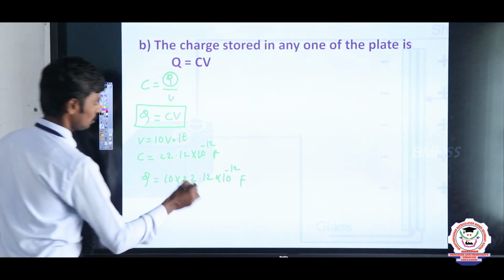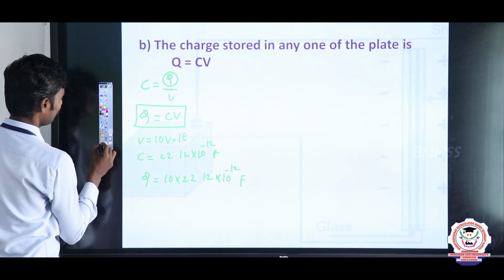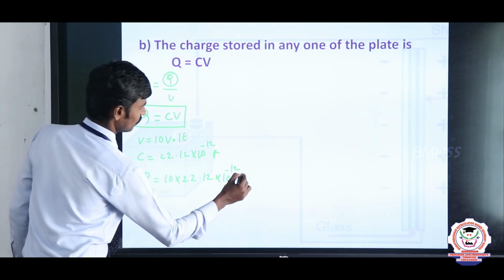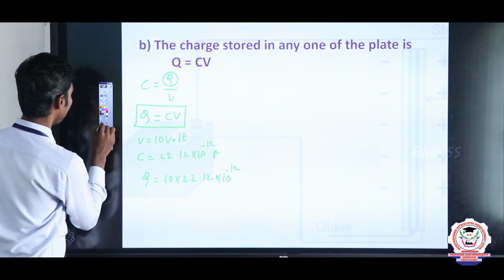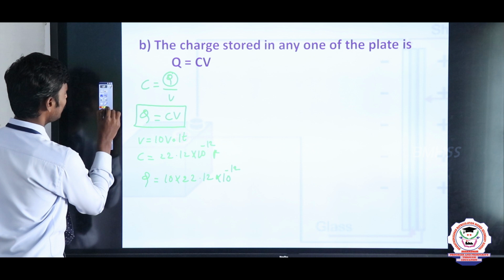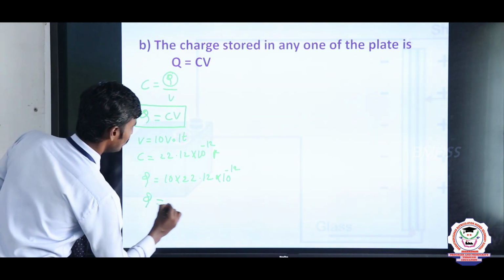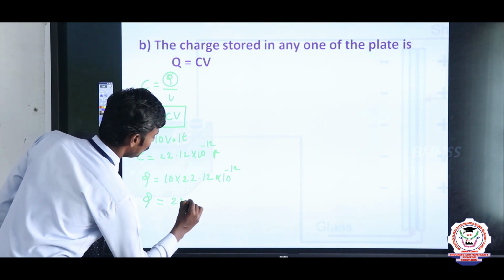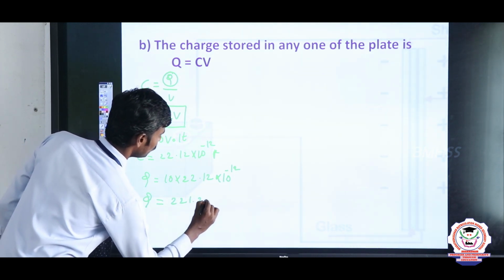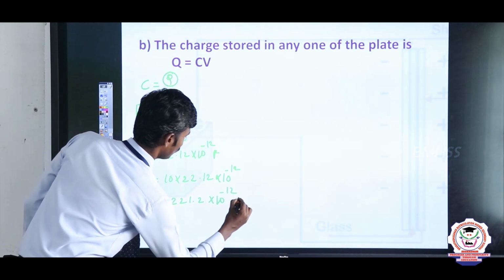The unit of charge is coulomb. Multiplying, Q equals 221.2 into 10 power minus 12 coulomb.